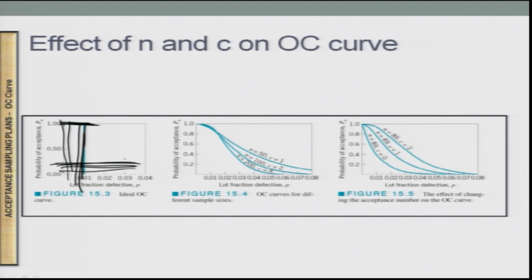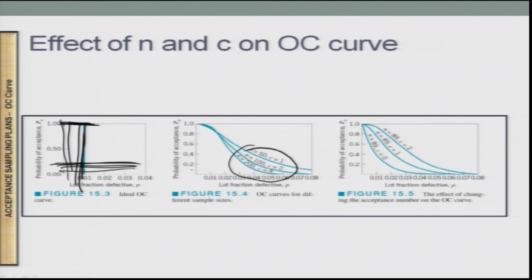Now, when we are considering the operating characteristic curve for different sample sizes, we have fixed the sample size small n, and n and c are changing. As they keep changing, as I have drawn about 3 or 4 slides away, if you measure PA along the y axis and p along the x axis, these values of n and c would give you different types of curves.